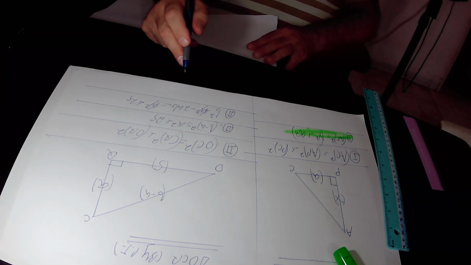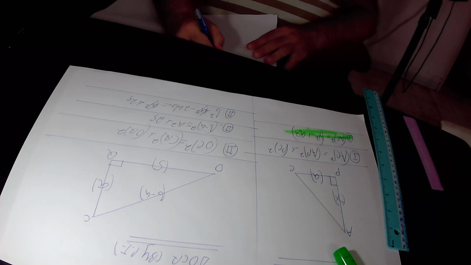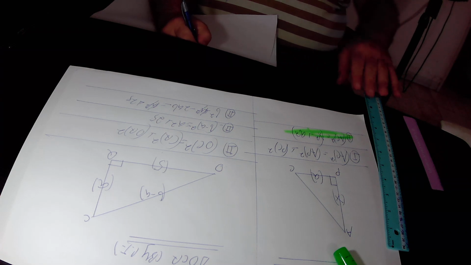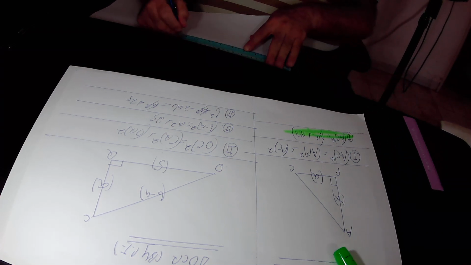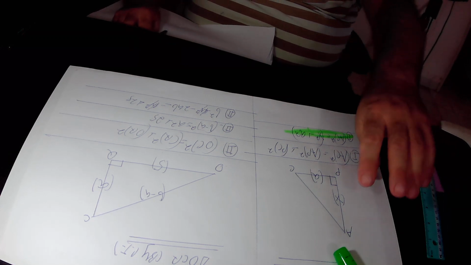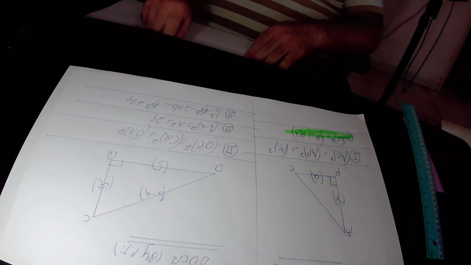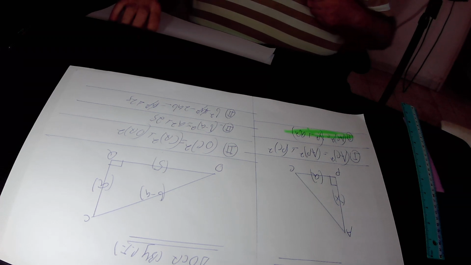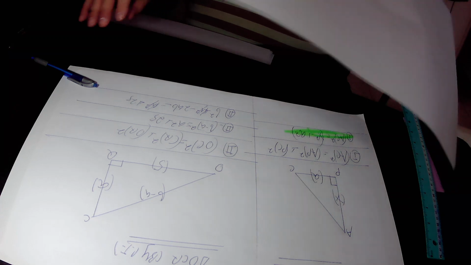And on the other side of this equation 2, we are left only with 25. So in total, according to equation 2, we actually found out that B squared minus 2AB equals 25.